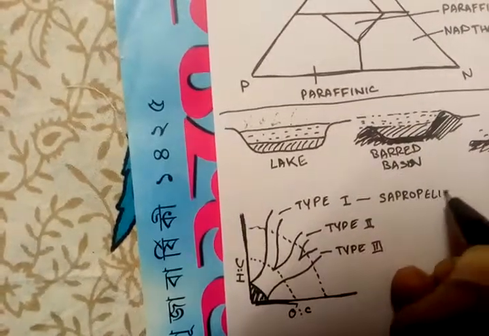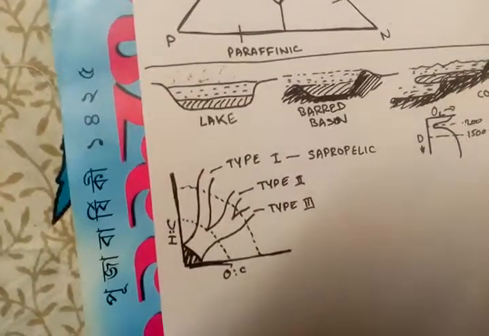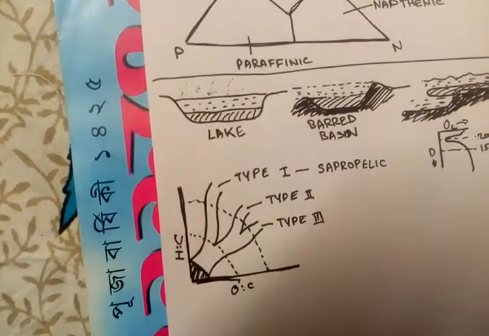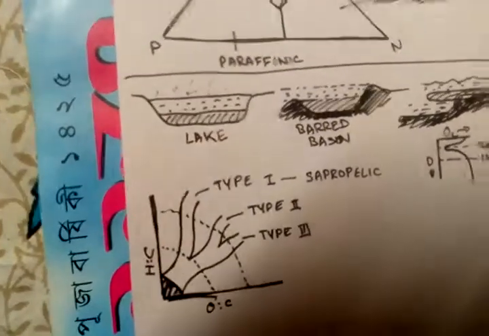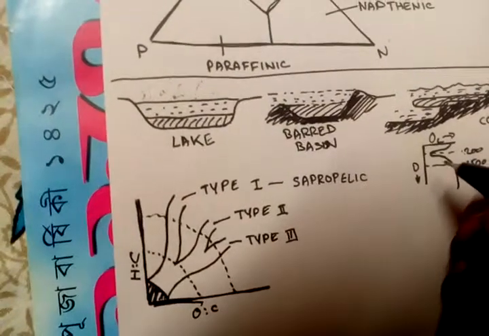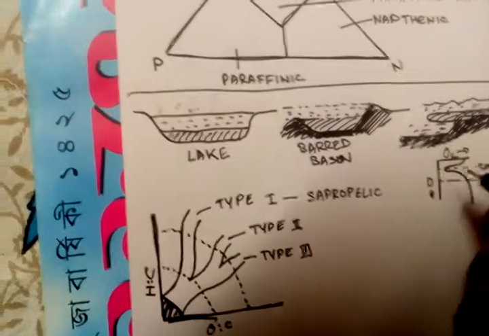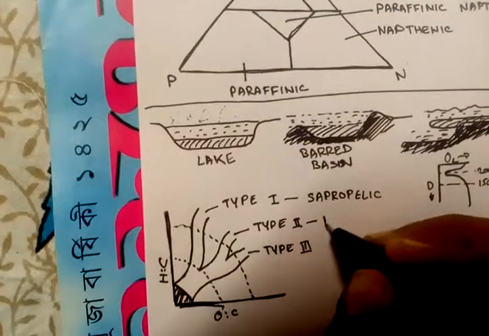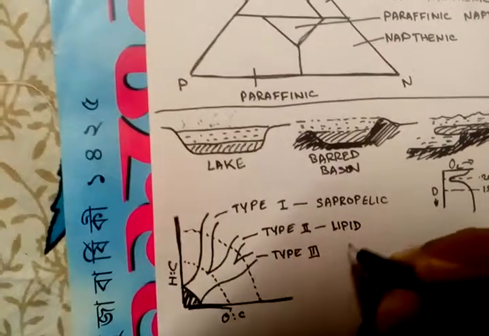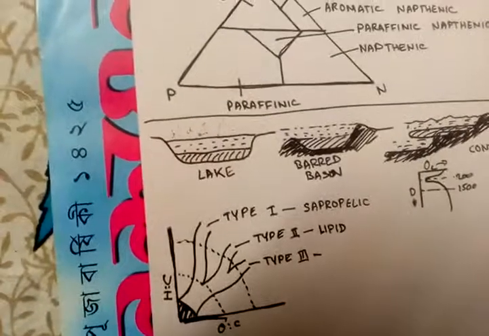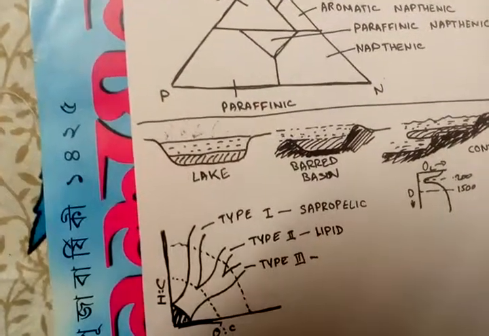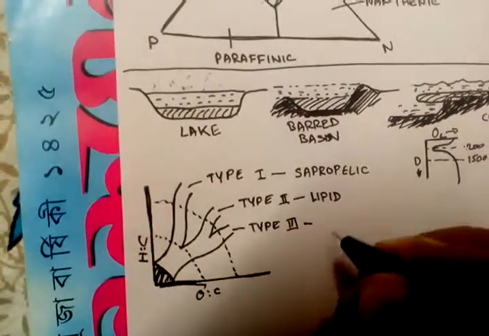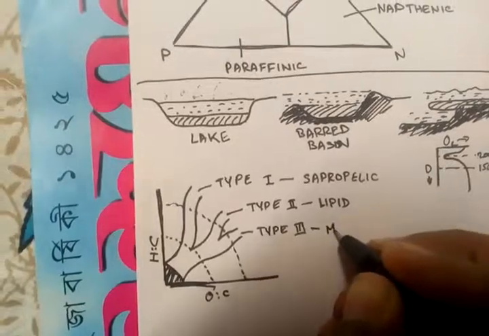Type 1 is basically sapropelic. Type 2 is lipid rich, and type 3 is basically humic.